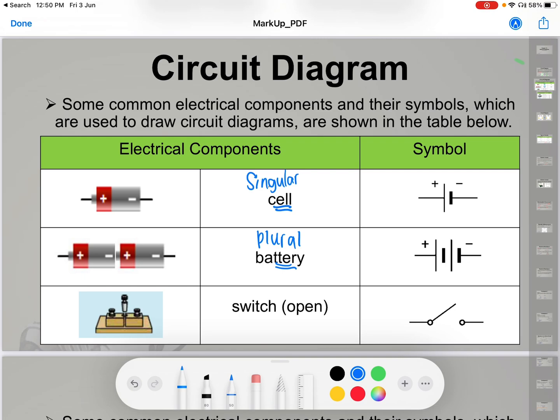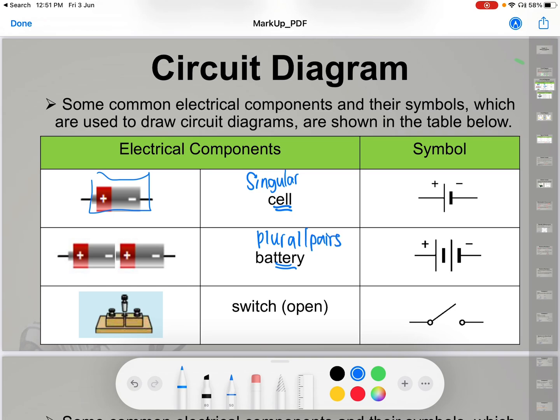So it really depends on the voltage that is needed. So later we'll be covering voltage, but just know that if I'm talking about just one over here, it's called a cell, and if I have more than one, it's called a battery. All right, and most of the time it comes in pairs.